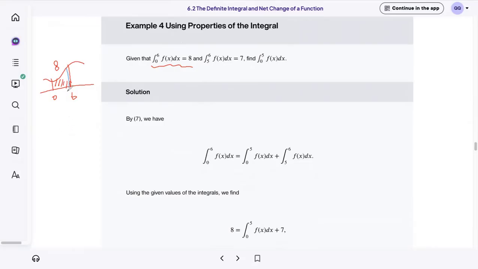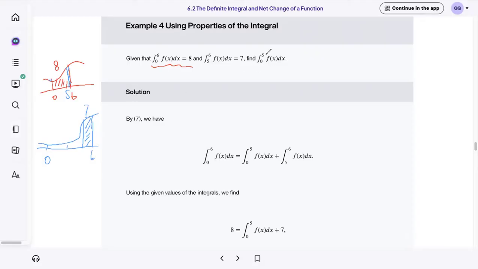Actually, it's much bigger. Probably the picture looks like this. So this is 6, this is 0. And from 5 to 6, it's 7. And the rest is only 1, because the total is 8, from 0 to 6, the whole area. So this is just 1.